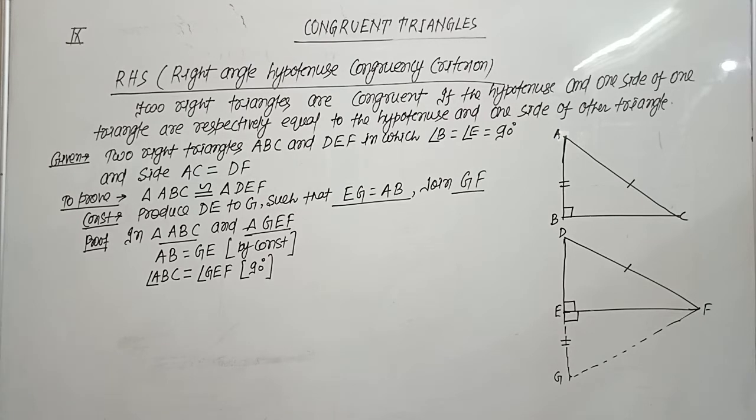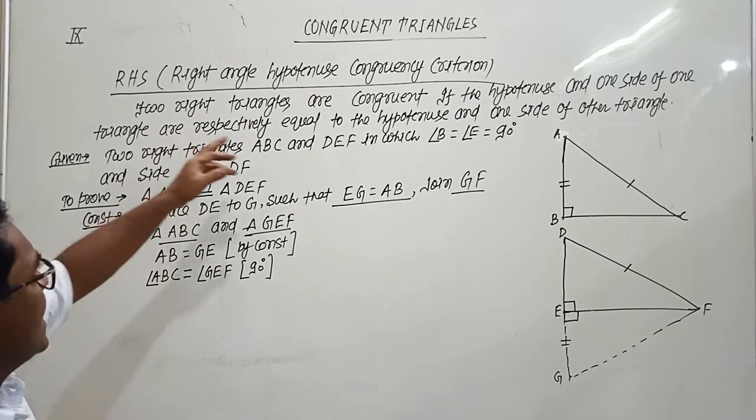Also, two right triangles are congruent if the hypotenuse and one side are equal: hypotenuse AC equals DF, and one side BC equals EF.